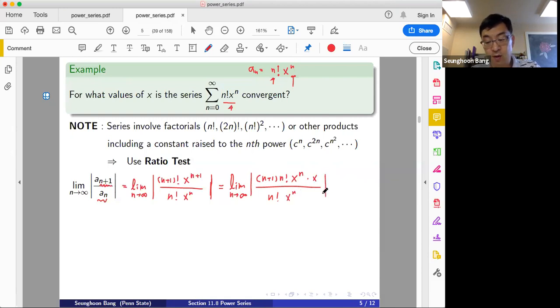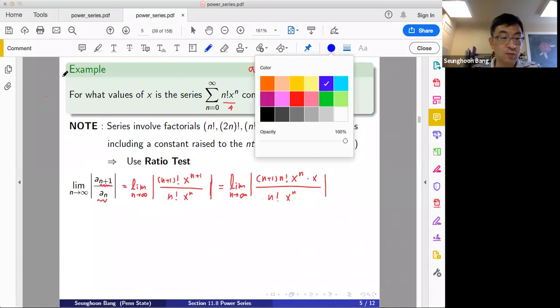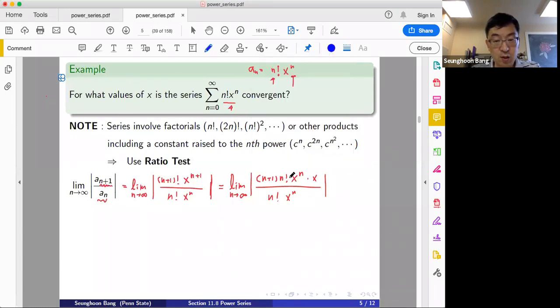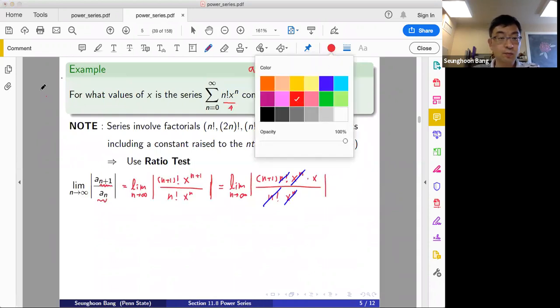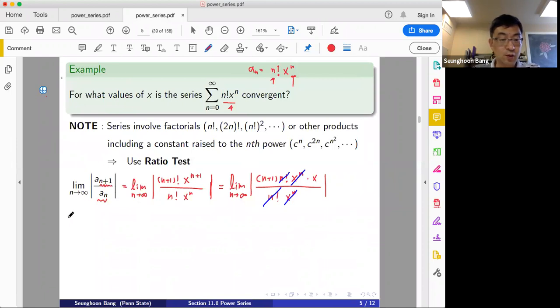What is the next step? We cross out the common factor, n factorial x to the n. So we have this result. This is a limit as n approaches infinity.